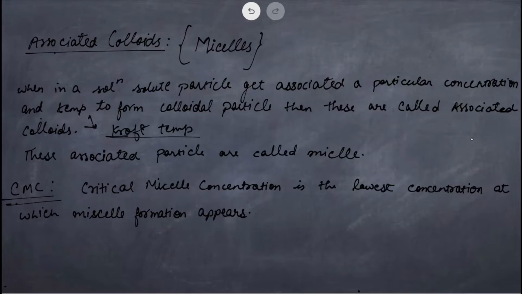These associated particles are called micelles. And what is CMC? The critical micelle concentration is the lowest concentration at which micelle formation appears.